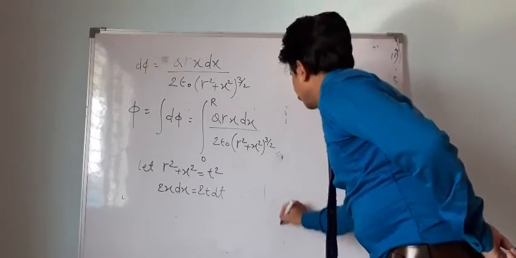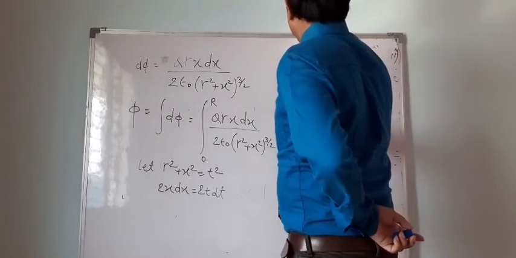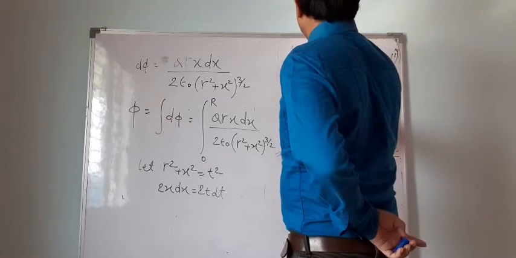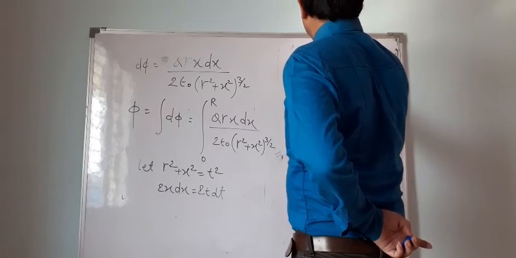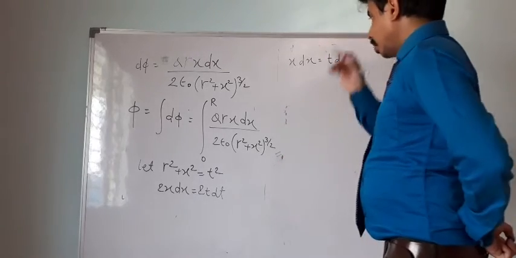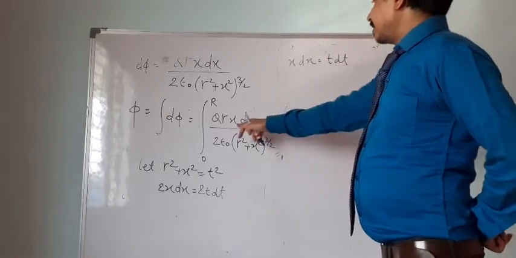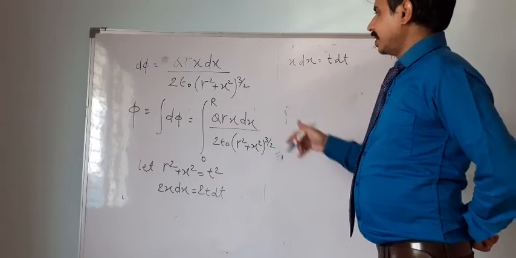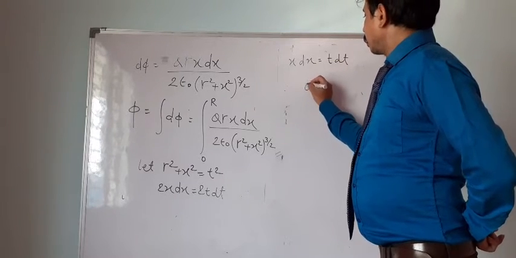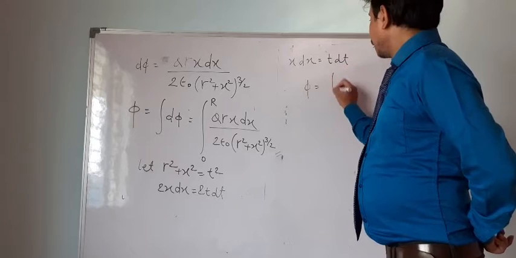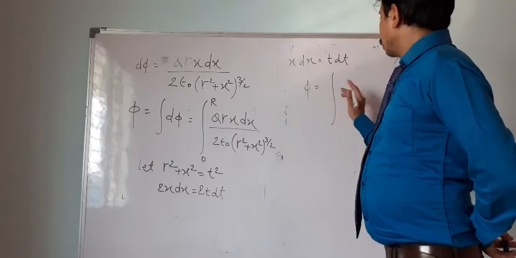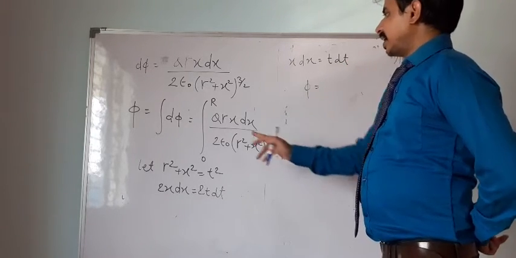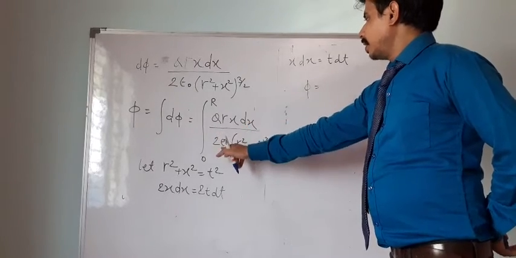That is, x dx is equal to t dt. I got x dx equals t dt. I will use this result here. Therefore, phi can be written as integral of, okay, the constant things we can take outside, like q, r and 2 epsilon naught.